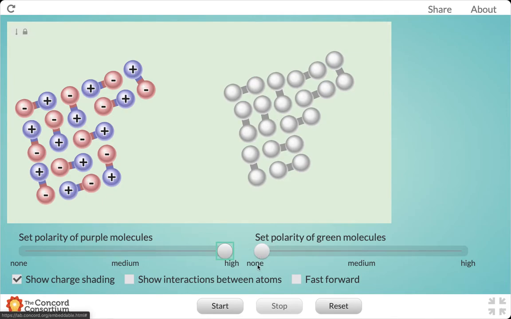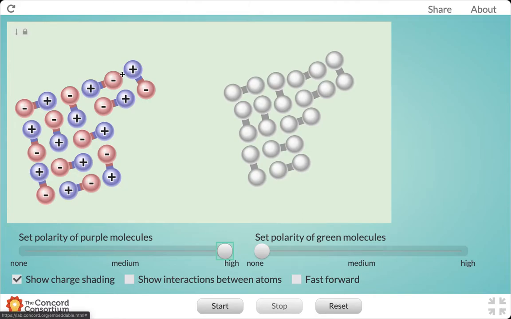Polarity is set to none. So you see the particles on both sides of each molecule are the same. So there is no front and back to this molecule. These molecules over here with the pluses and the minuses, those are called polar molecules because there is a front and a back. There's a plus and a minus side and they are different. And we know from earlier that opposite charges attract.